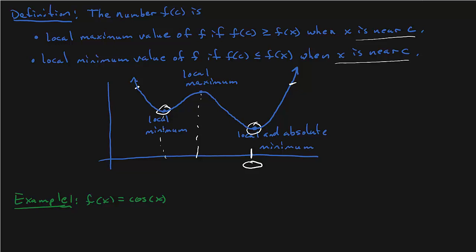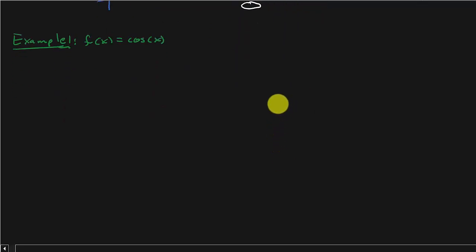We're not necessarily trying to find these things right now. We just want to be able to look at a graph and tell: is this a local max or min? Is it an absolute max or min? Is it both? That's what we're looking at, just to be able to identify.